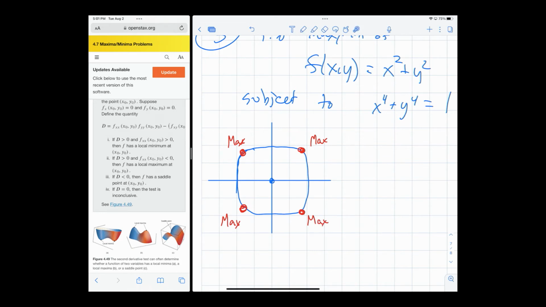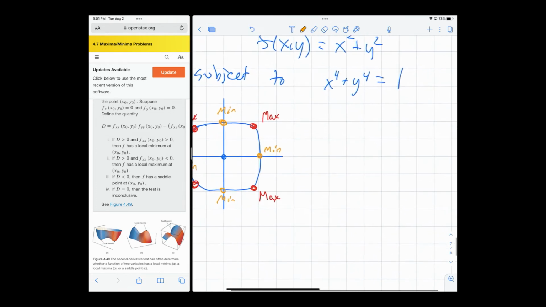And the closest you can get to 0, 0, the smallest you can make this, is here and here and here and here. So that's going to be a minimum and a minimum and a minimum and a minimum. So that's where the minimums and maximums occur.